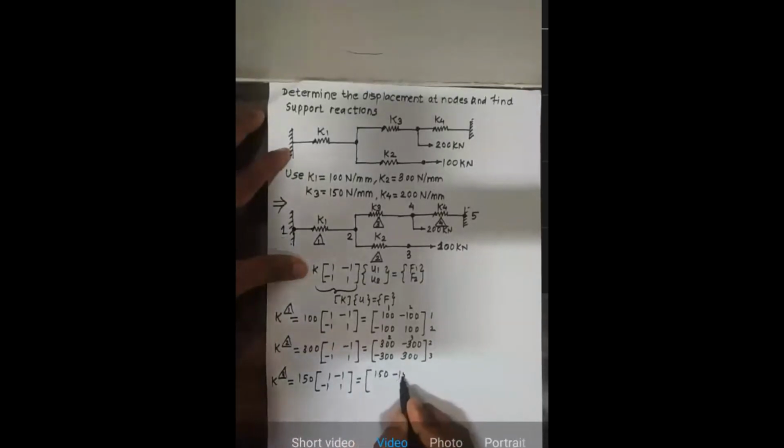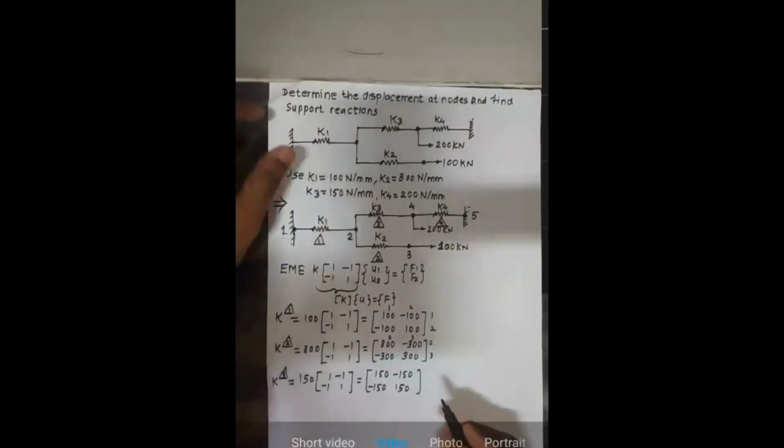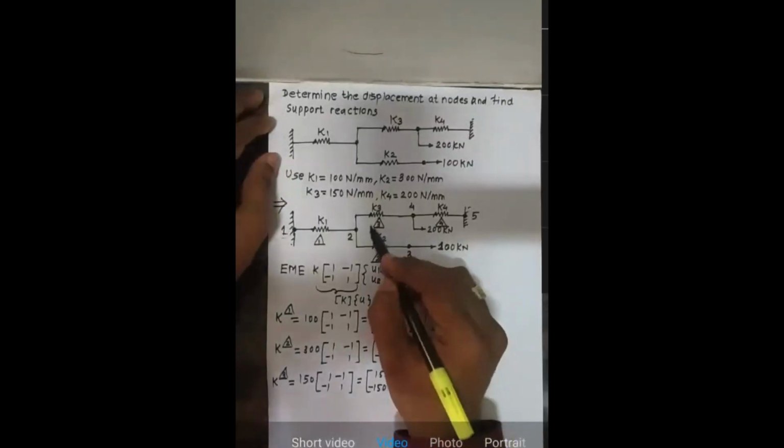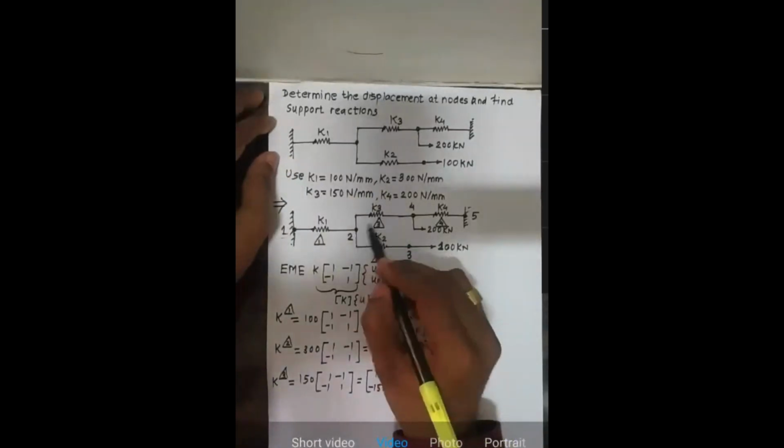So it's 150 into [1 -1; -1 1], which gives 150, minus 150, minus 150, and plus 150. Element number 3 is between node 2 and 4, so likewise you need to write down 2, 4 and 2, 4.